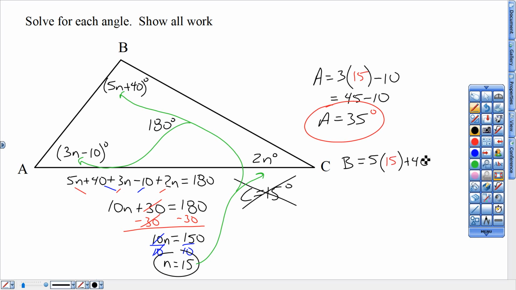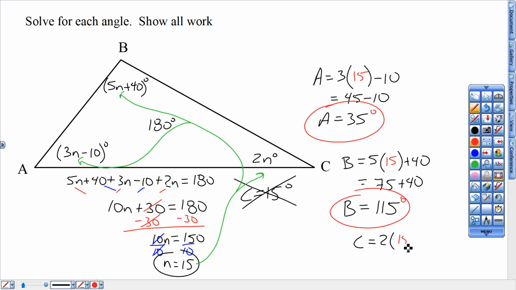That doesn't change. 5 times 15, using my calculator for this arithmetic, gives me 75. And then adding 40 gives me 115. And then to solve for C, C is twice whatever that 15 is, and that should give you 30.